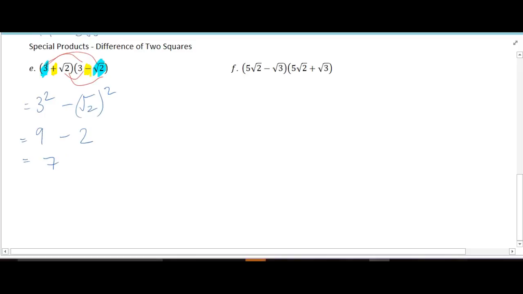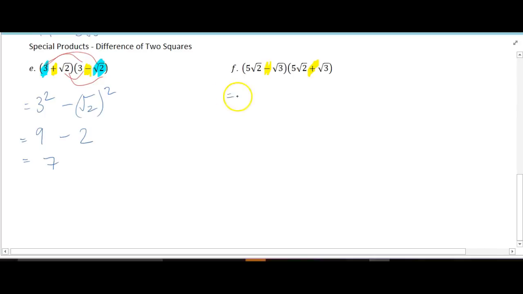Let's do that again. So example F is a difference of two squares. The two expressions are exactly the same, except there's a minus and a plus, which means it's a difference of two square numbers. So we don't need to use FOIL.